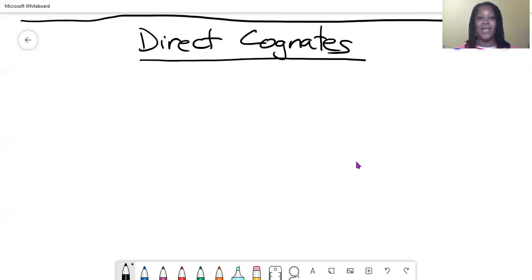And so the first category that we're going to be looking at are those Spanish words that end with C-I-O-N. So let's organize our page here. I think I want to put 2 columns. So we have Spanish and we have English.